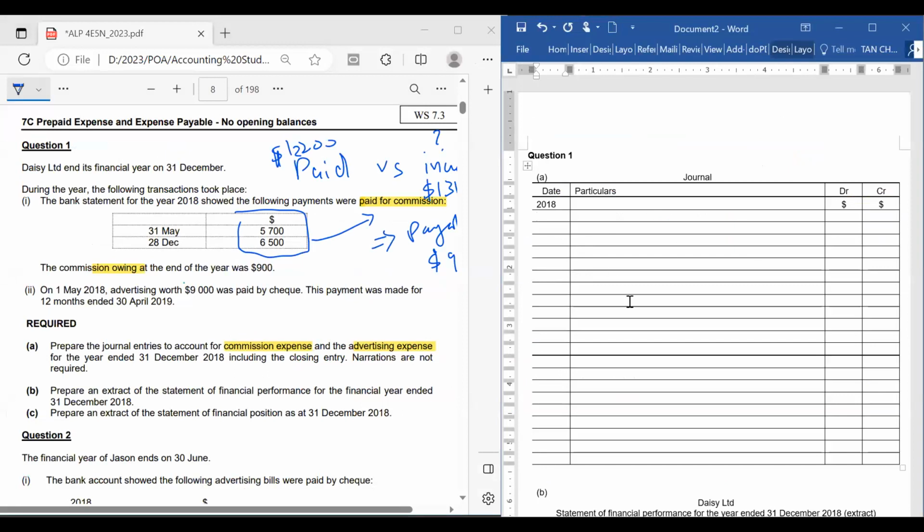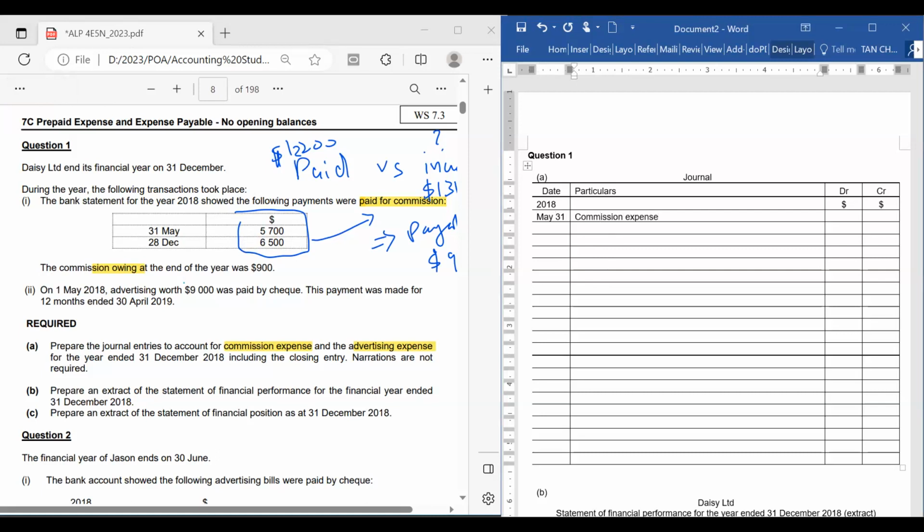So let's start. For commission expense, the first piece of information related to commission expense is on May 31st. So we did pay the expense 5,700. Whenever we have any expense, you will have to debit.